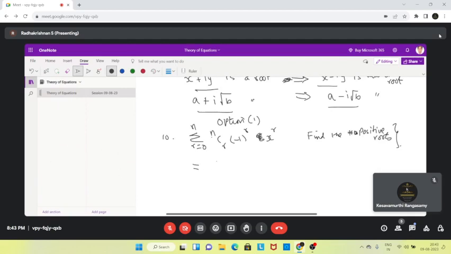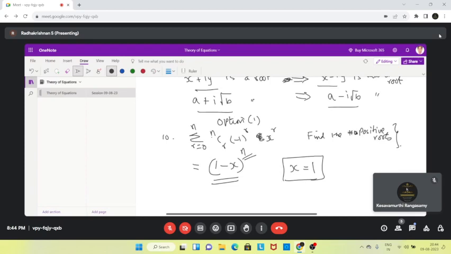This is 1 minus x whole to the power of n. So what are the roots of this equation? Only x equal to 1 is the solution, but it occurs n times. So there are n roots, but all the n roots are x equal to 1 only.